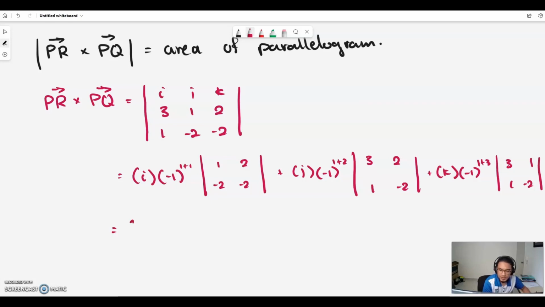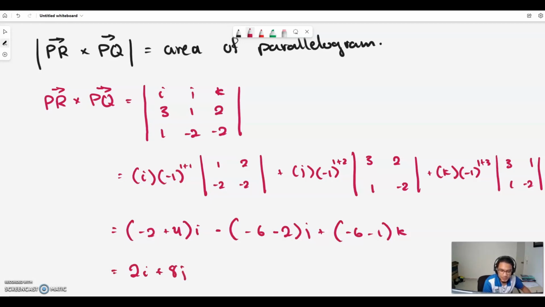Here will be negative 2 plus 4 i, minus negative 6 minus 2 j, plus negative 6 minus 1 k. So we have 2i, plus 8j, minus 7k. This is the expression for PR cross PQ.